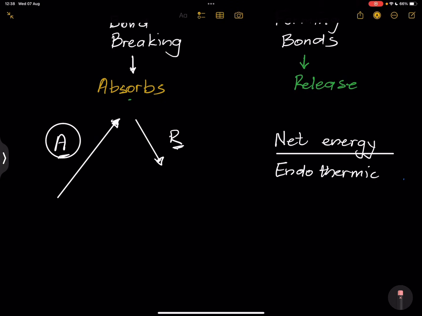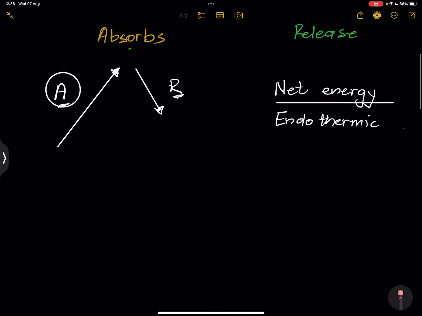Now, of course, we can have another process where there's very little energy that is required. So very little energy is absorbed during the breaking of bonds, but we find that we've got more energy that is released.